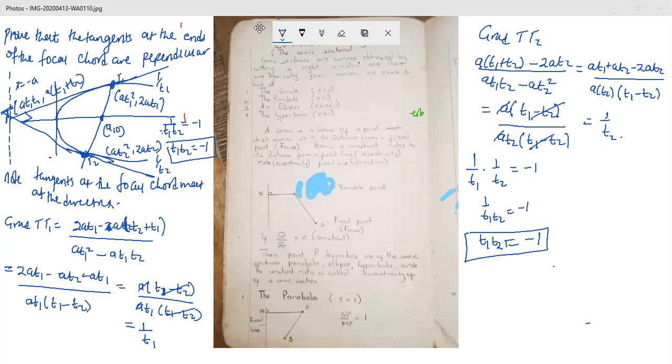I think you can have one more, one more that I talk about, the latus rectum.